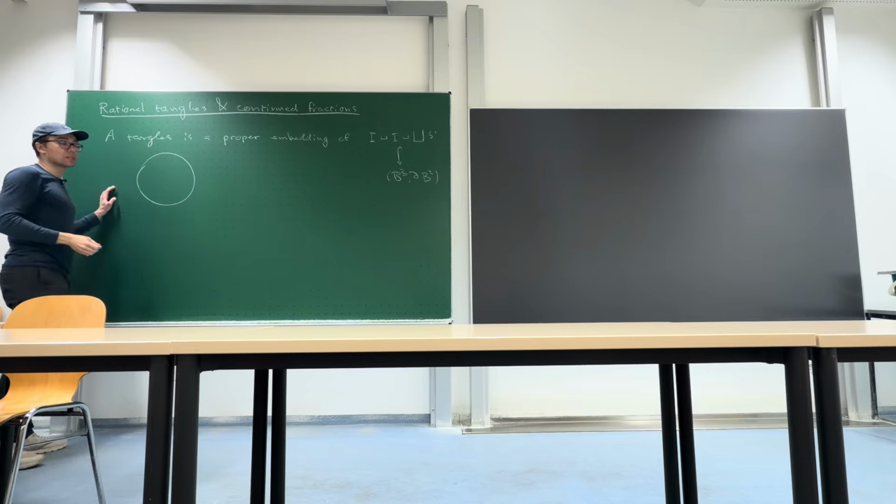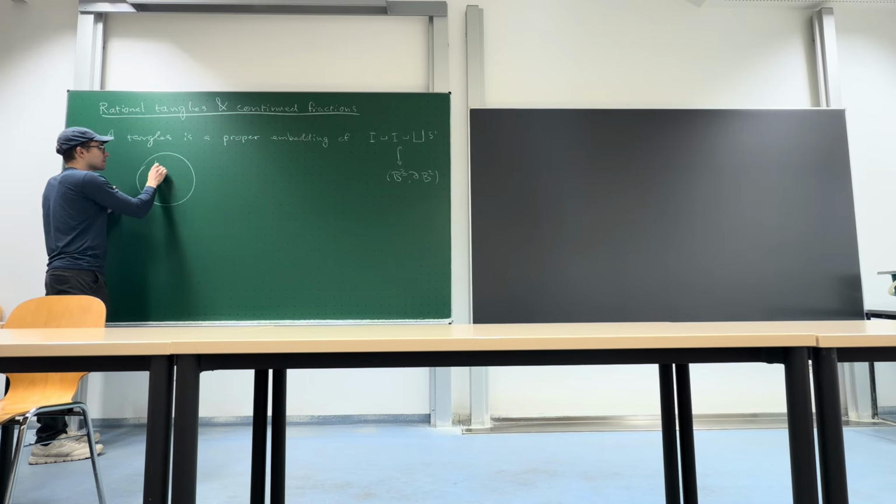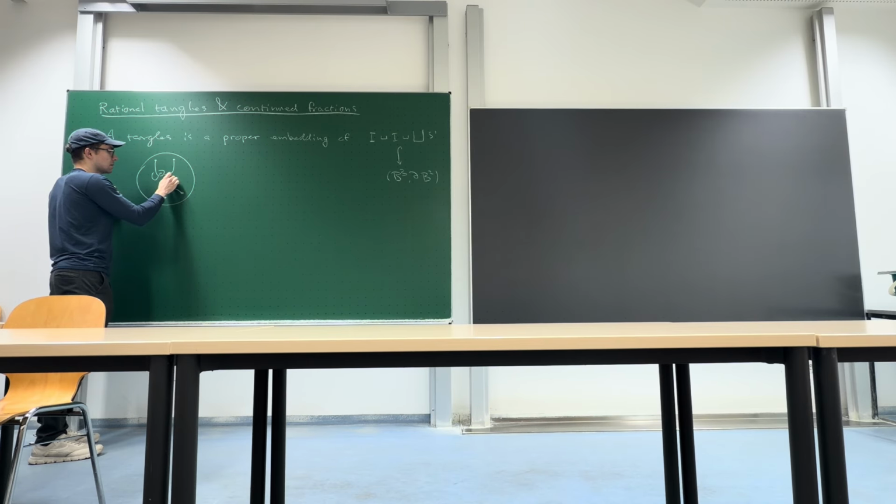We've got a sphere here, and then we might have something that looks maybe like this. Maybe this crosses over, and maybe we've got an additional S1 that has been embedded into this.